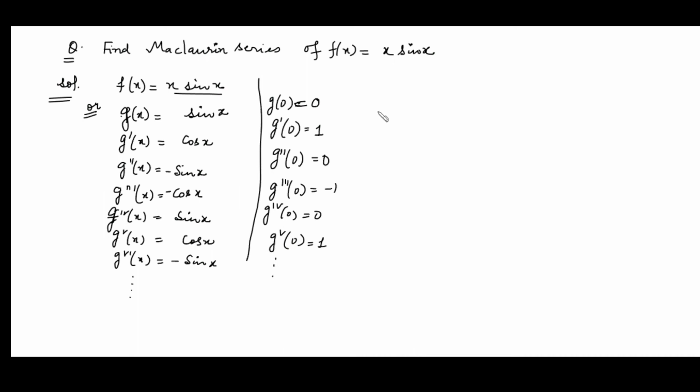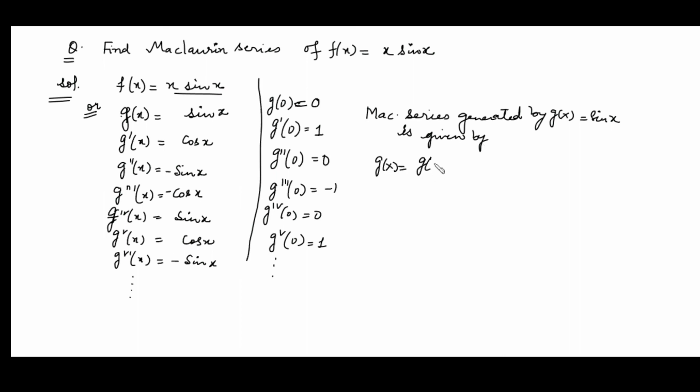So what is the Maclaurin series generated by g? This is given by g(x) is equal to g at 0 plus x into g prime at 0 plus x square by 2 factorial into g double prime at 0 plus x cube by 3 factorial g third derivative at 0, and so on.